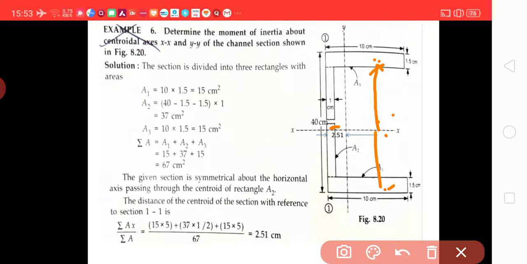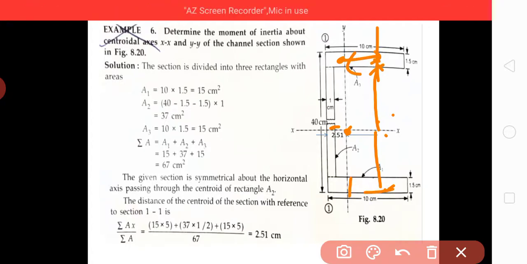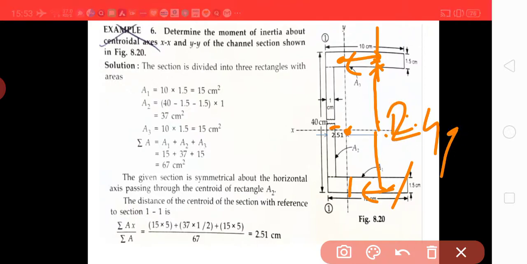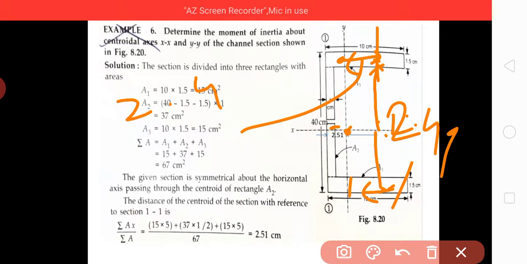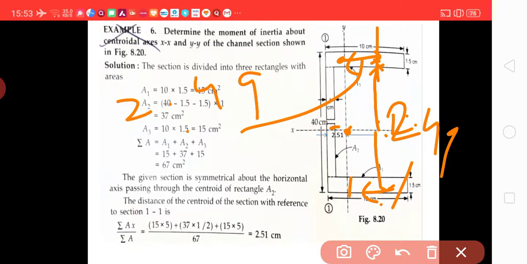And the x dimension, from here it is coming 2.51, this is 2.51. So 5 minus 2.51 is the distance this much. Same is the distance this much, that is 2.49. This distance is 2.49 for this and this.